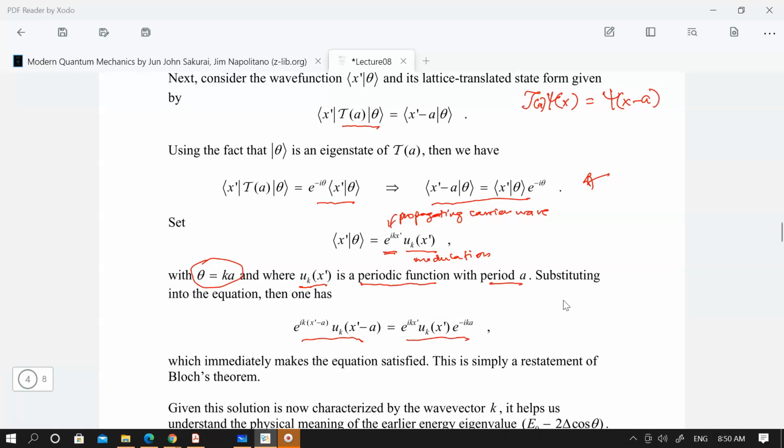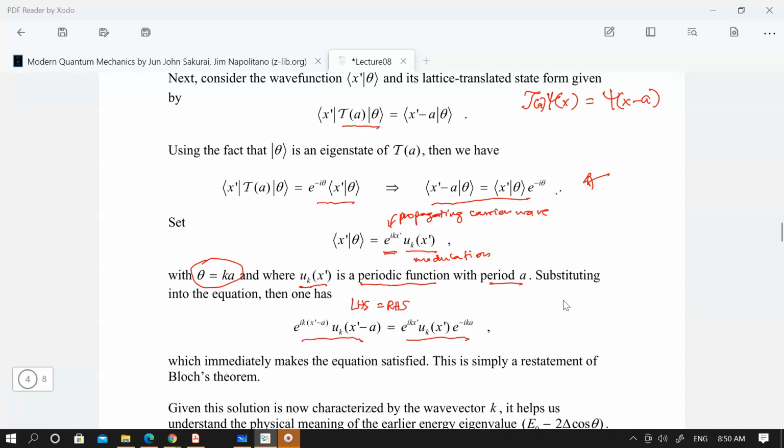And if you check this exponential, you can combine them together. And then this one is periodic under translation of a, so this one will be just u_k(x). So in other words, the left-hand side equals the right-hand side. So what do we have? We have a solution given by this for this particular equation.